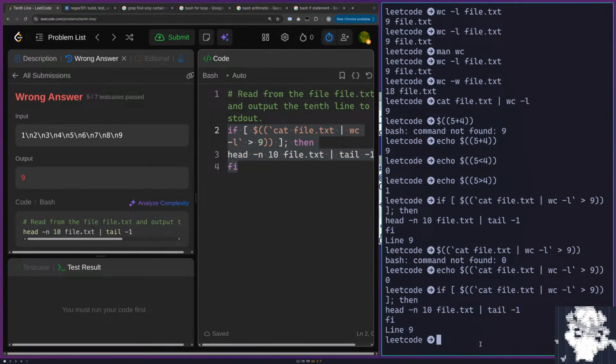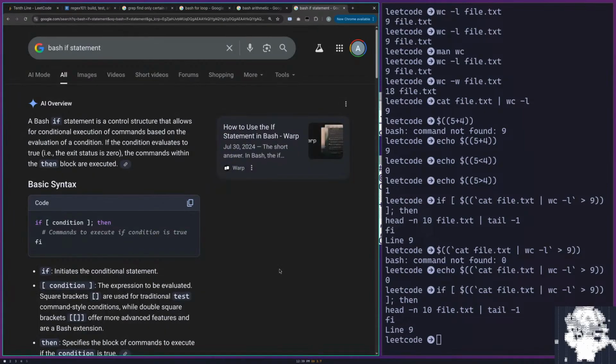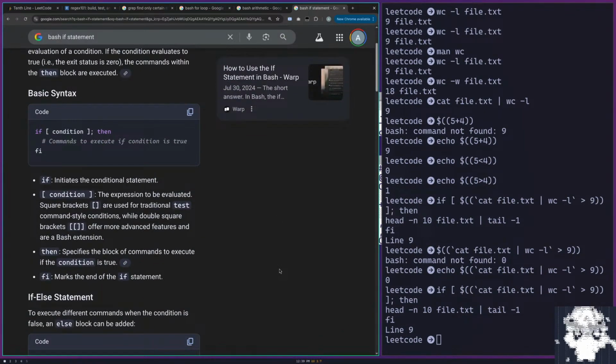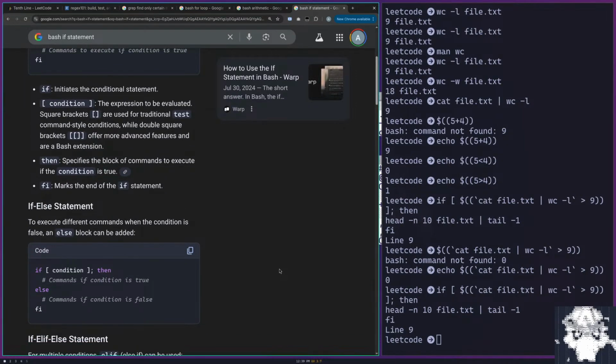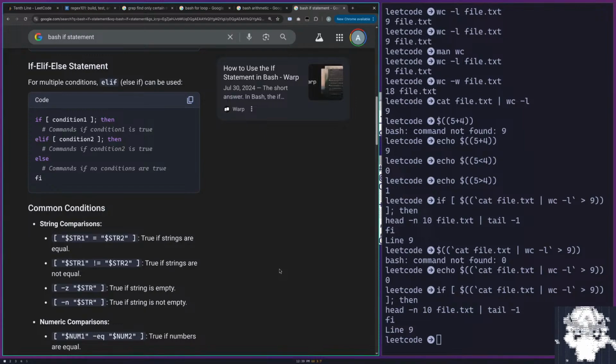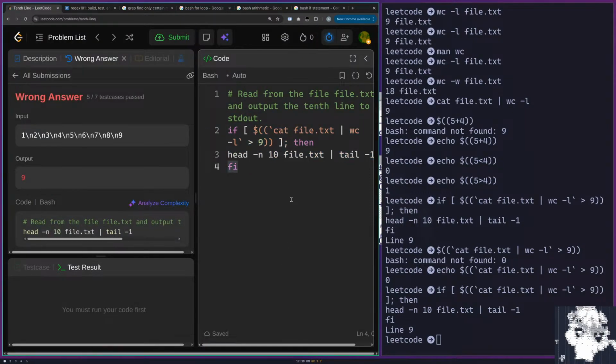Why is it still doing it? I don't know why it's still doing it.